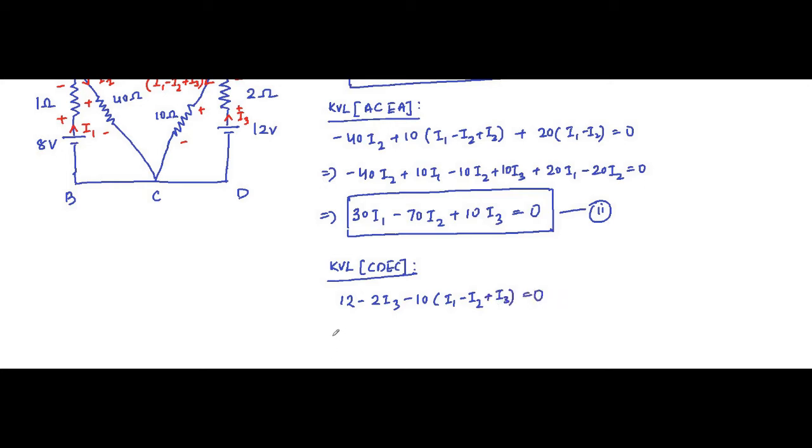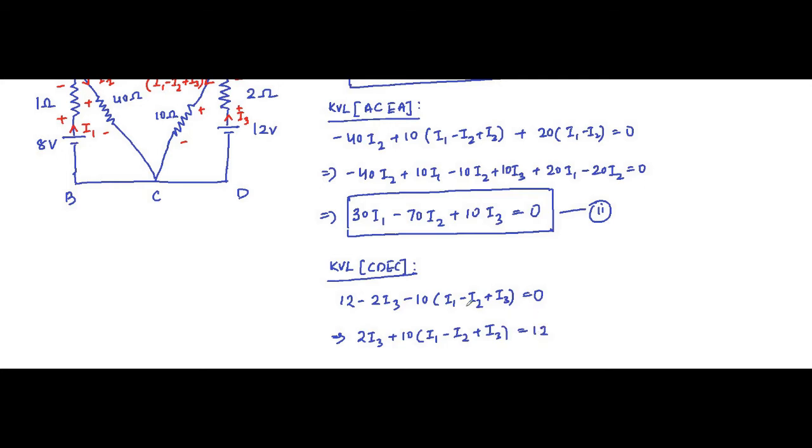If we bring all the other things on one side, that is 2I3 plus 10 into I1 minus I2 plus I3 equals to 12, no, it will not be 0, it is equal to 12, because we have brought 12 to the other side.